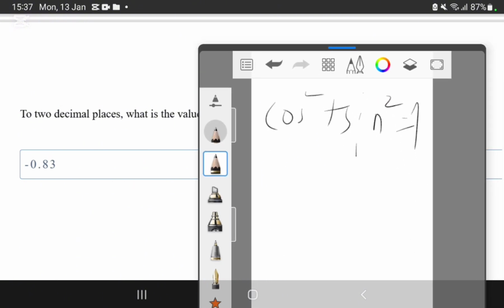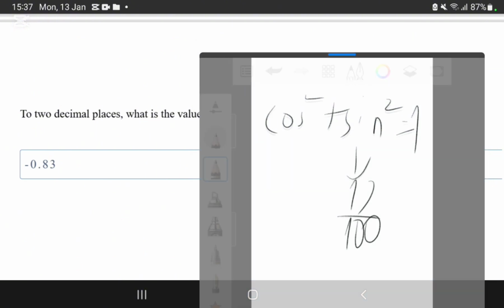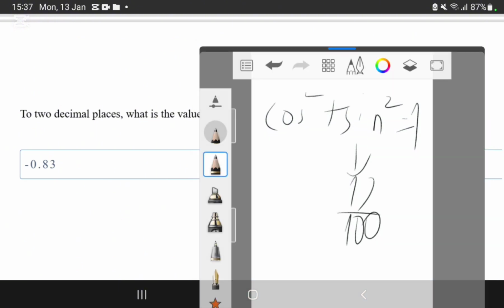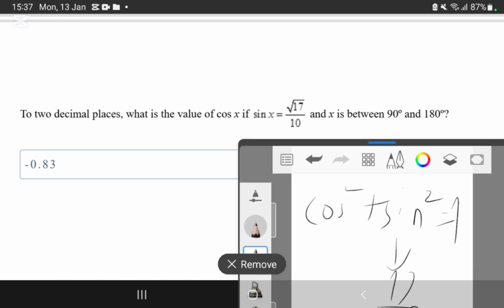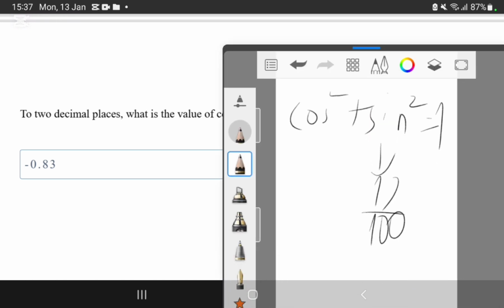So that means sine squared is 17 over 100. And then cosine squared would be 83 over 100.